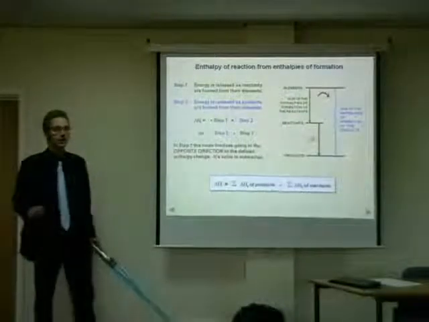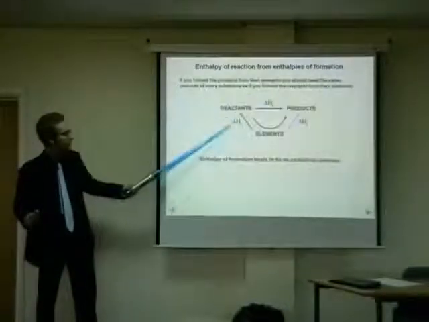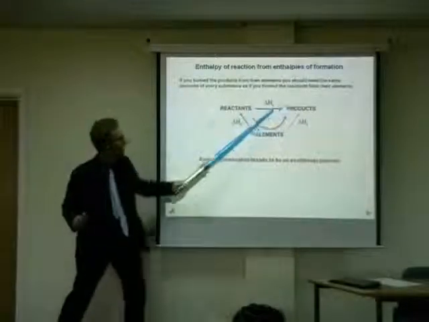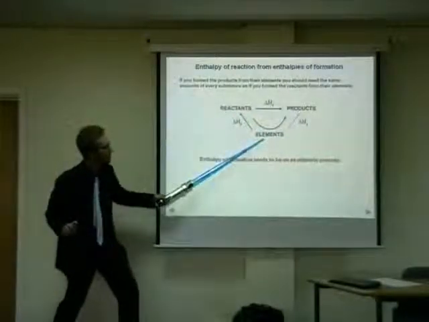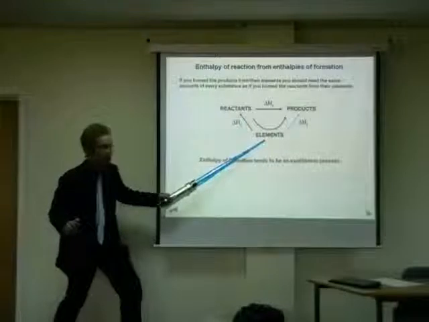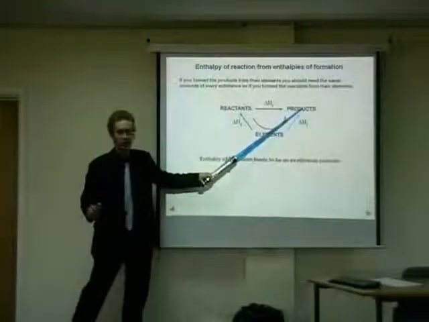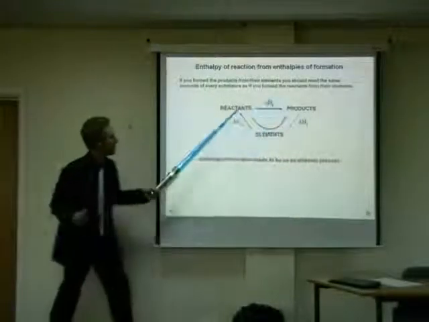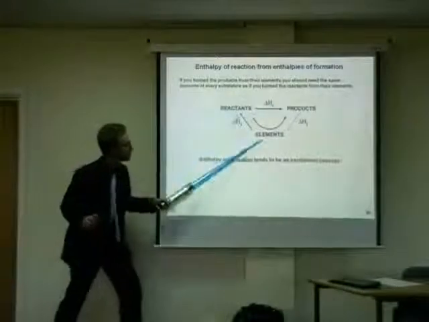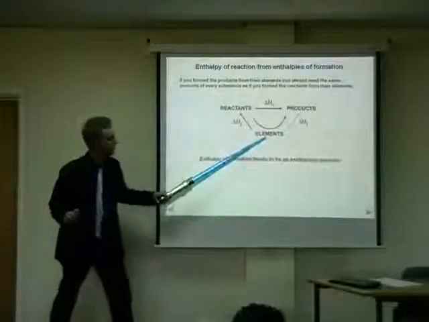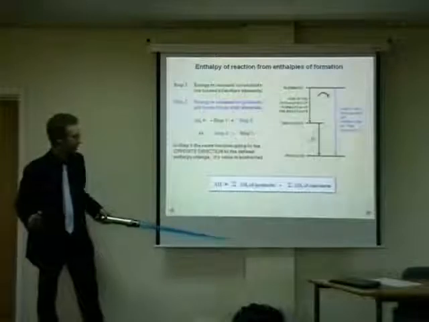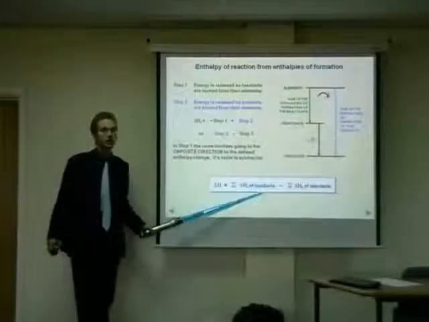Does that make sense? We go back to this one here. I'm saying that is equal to minus that plus that. Got it? That is minus delta HF for reactants plus delta HF for products, which is this equation.